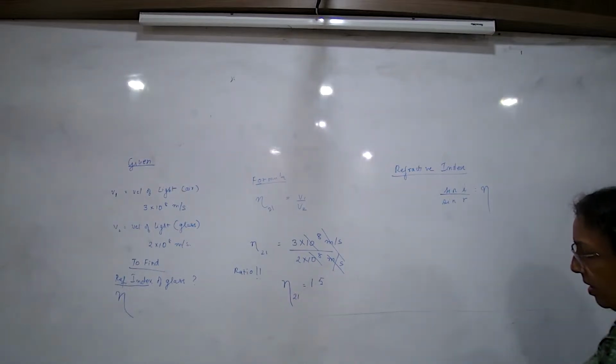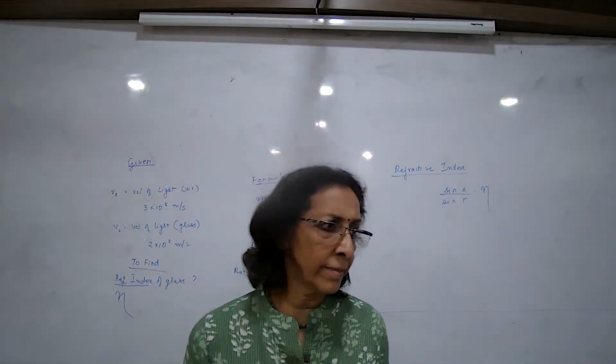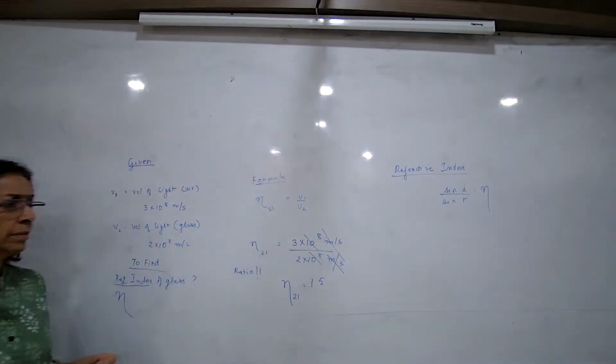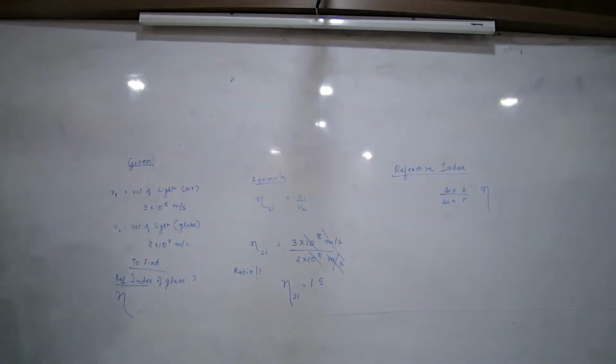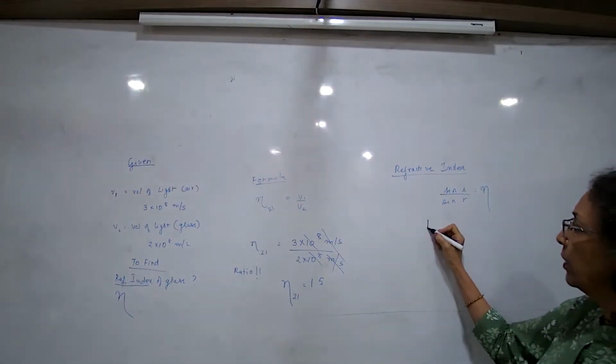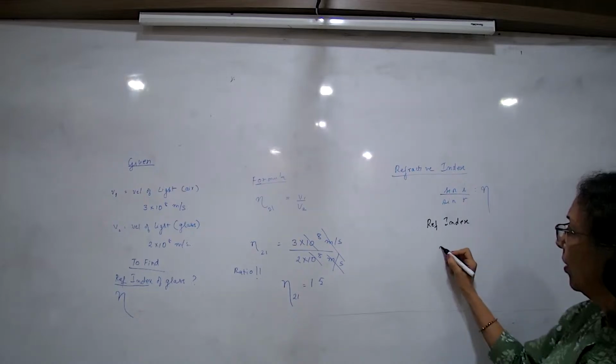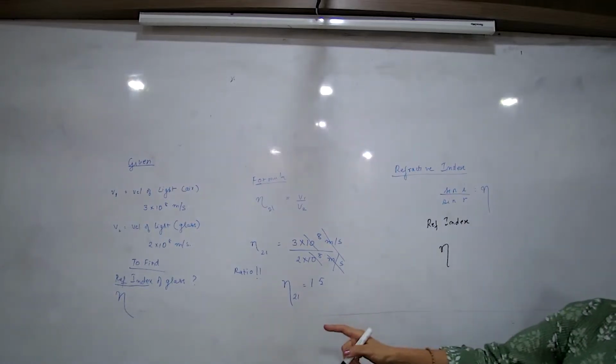Okay. Now, my second question. What if I'm asking you to find out the refractive index? Here, what did we write? 2, 1.